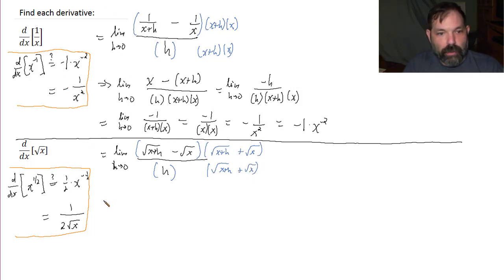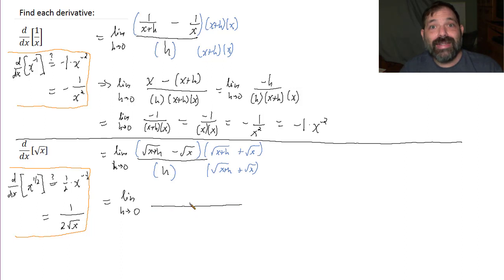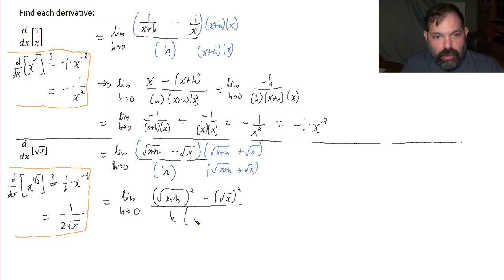And now we go through the algebra. Limit h approaching 0. The numerator ends up being a difference of squares, right? You've got an a minus b times an a plus b. And so we would end up with root x plus h squared minus root x squared. In the denominator, I'm just going to leave that alone as h times root x plus h plus root x.